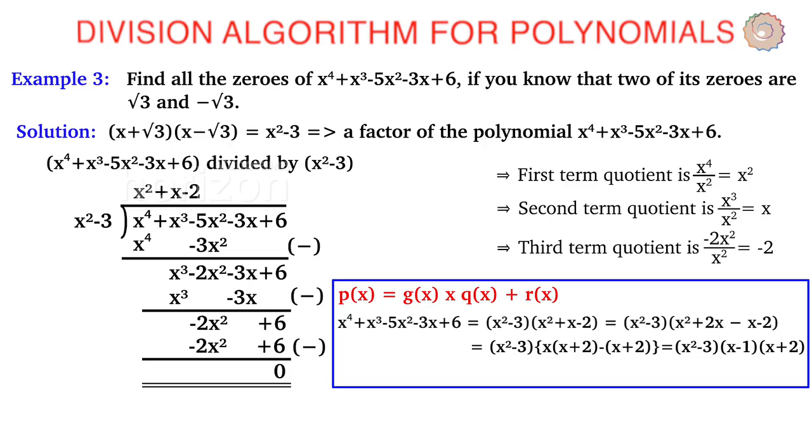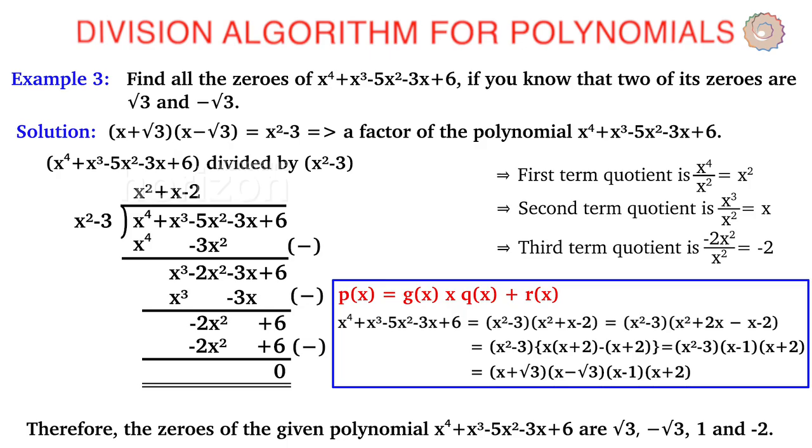Now x^2 - 3 can be written as (x + root 3)(x - root 3). So now we have all factors of the polynomial with degree 4. Therefore, the zeros of the given polynomial x^4 + x^3 - 5x^2 - 3x + 6 are root 3, minus root 3, 1 and minus 2.